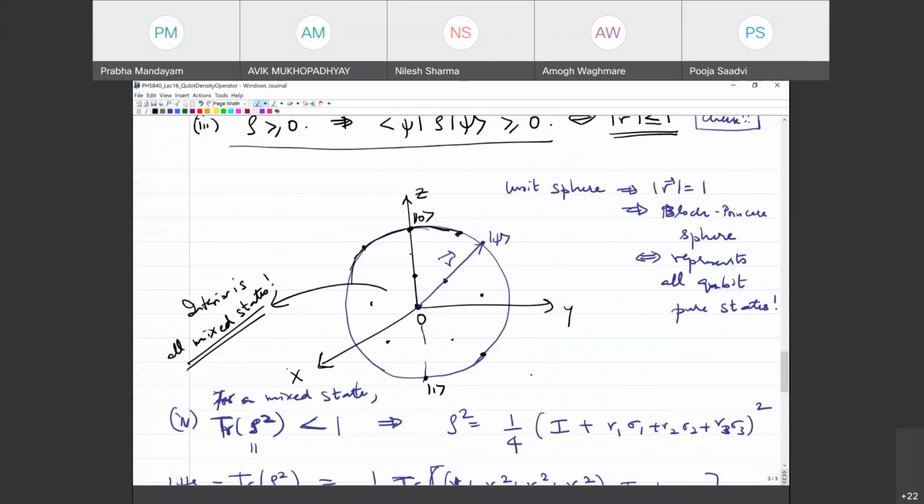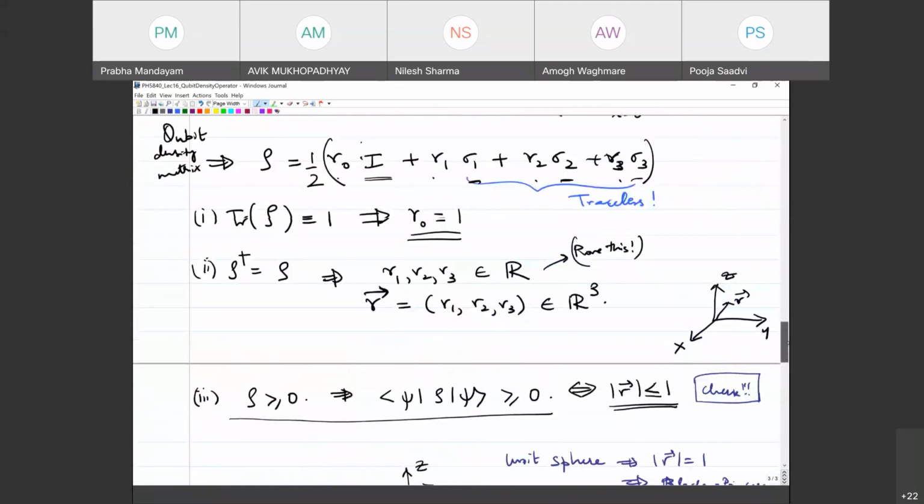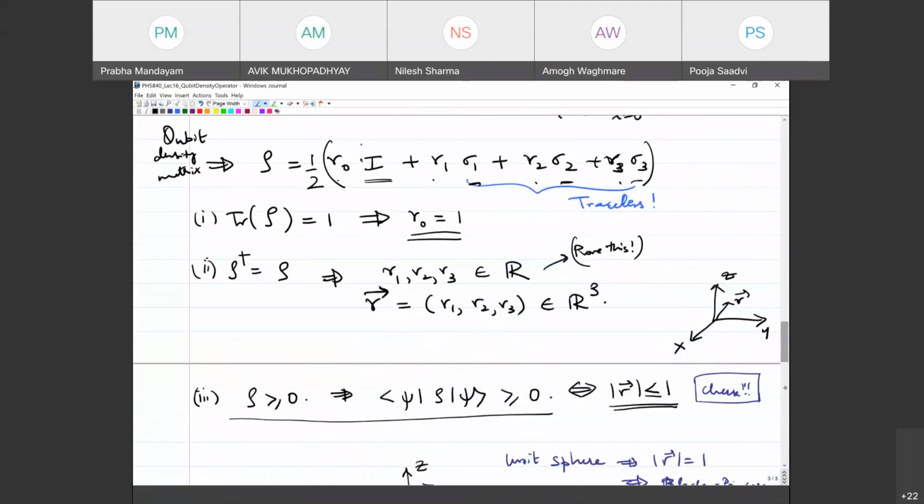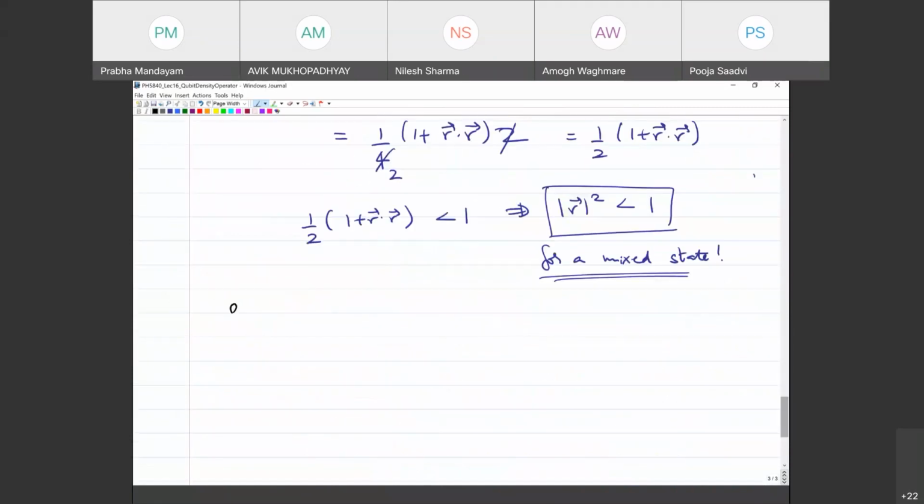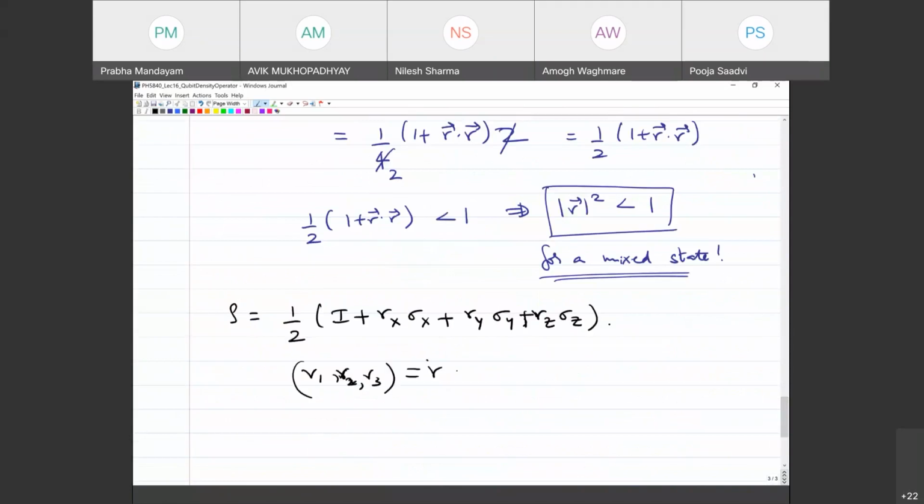The X-axis in some sense is talking about the component of the density matrix along the sigma X. So one way that people write this sometimes is half identity plus Rx sigma X plus Ry sigma Y plus Rz sigma Z. The R1, R2, R3, which forms this R vector, which can also be called Rx, Ry, Rz, is often called the Bloch vector.